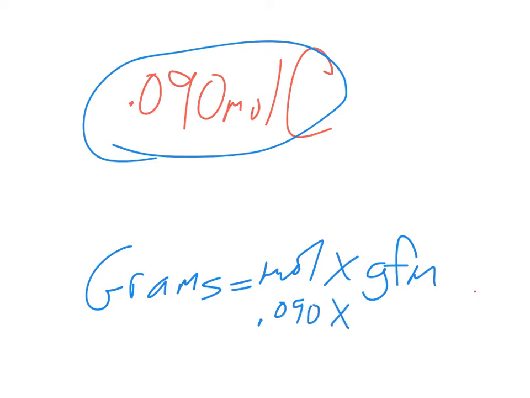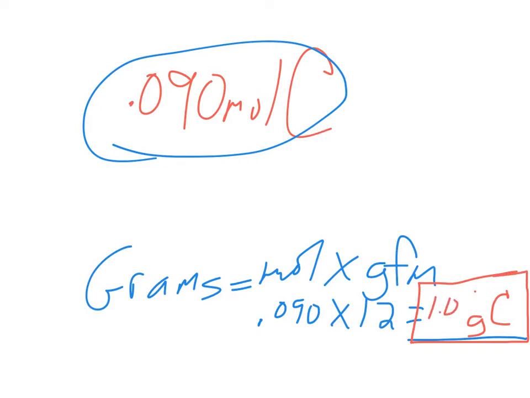And then times your GFM. So how much does carbon weigh? Yep, 12. So 0.09 times your 12, this is going to give you your grams of carbon. So how much is that? 1.08. Yep, there you go.